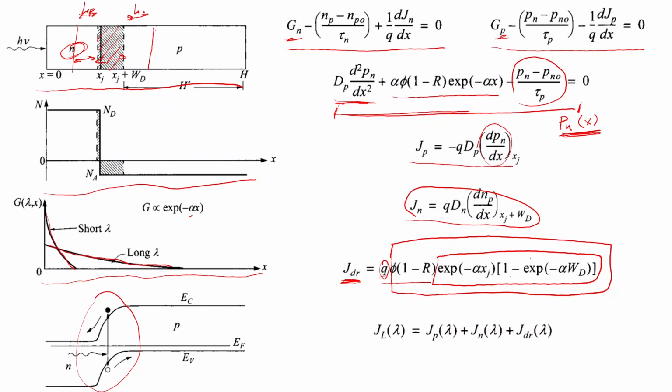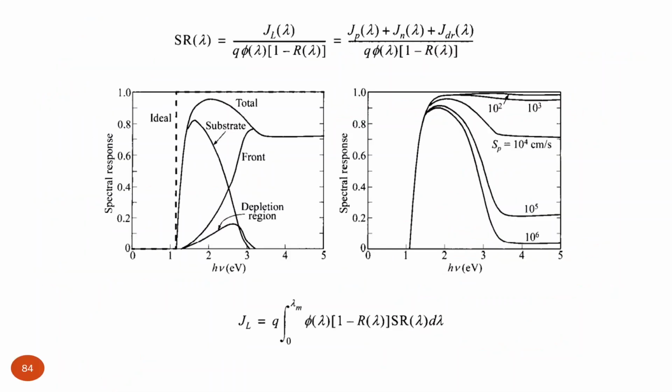So in total, our photocurrent will consist of these three contributions, which I described earlier: diffusion of minority non-equilibrium holes, diffusion of minority non-equilibrium electrons, and drift current, which originates from collection of photogenerated charge carriers in the depletion region.